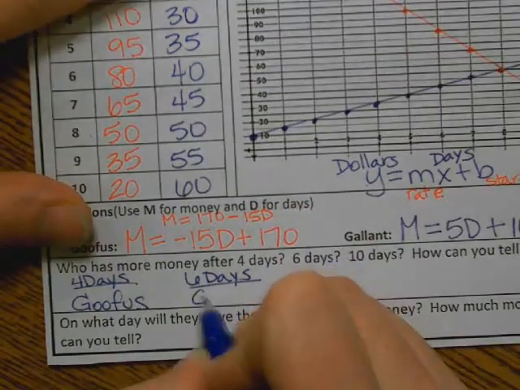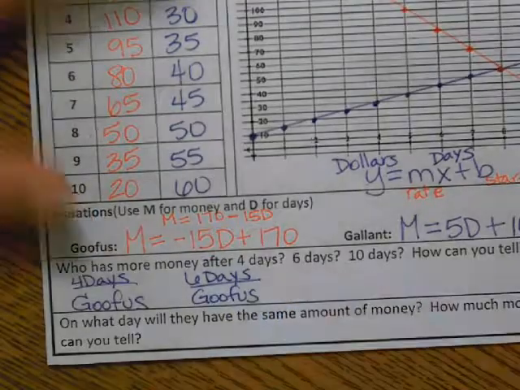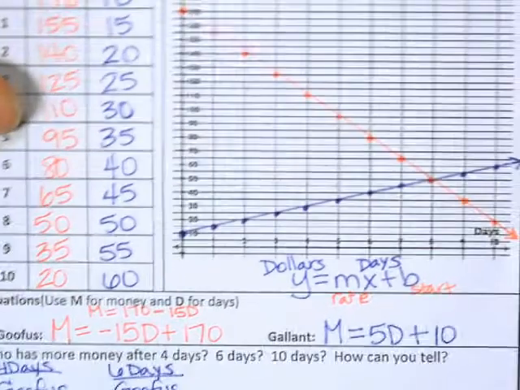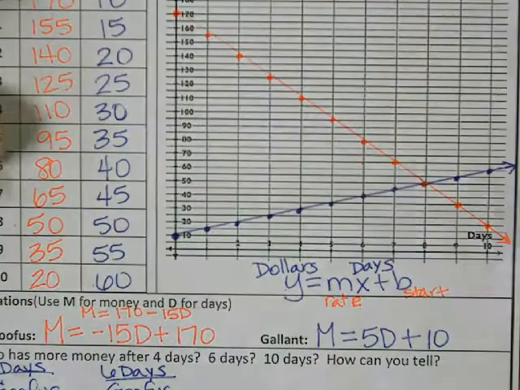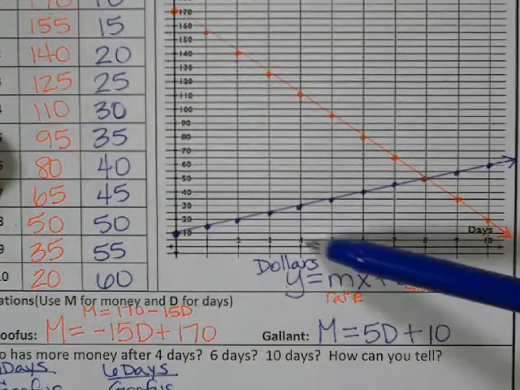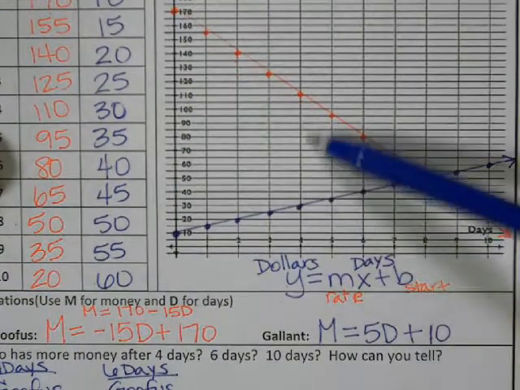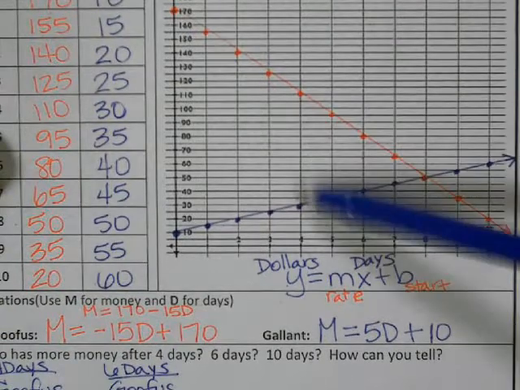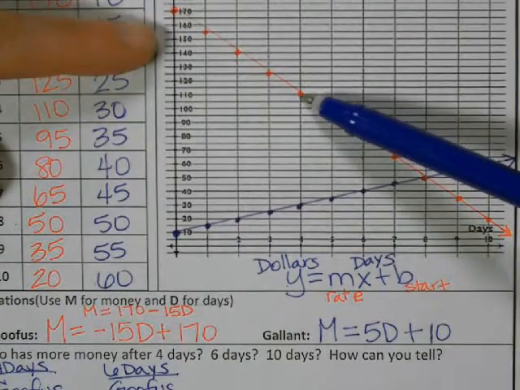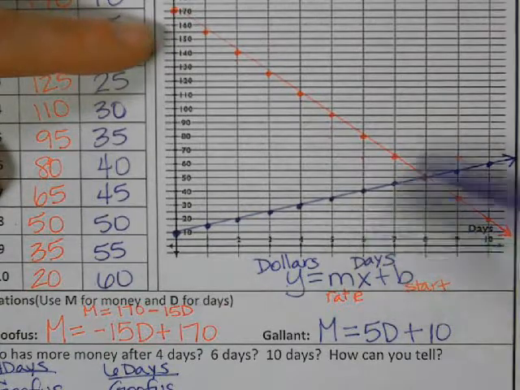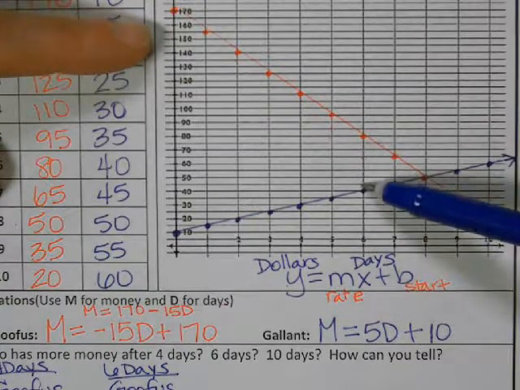Still, Goofus has more money. Now you can see this in both the graph and in the table. After 4 days, I would go to 4 days on my x-axis and follow it, and the red line is still above the blue line. Okay, so the red dollars are still more than the blue dollars. Same thing for 6 days, red is still above.